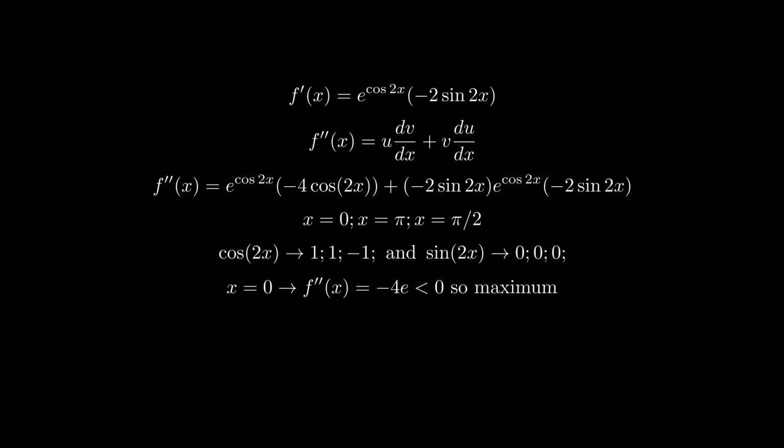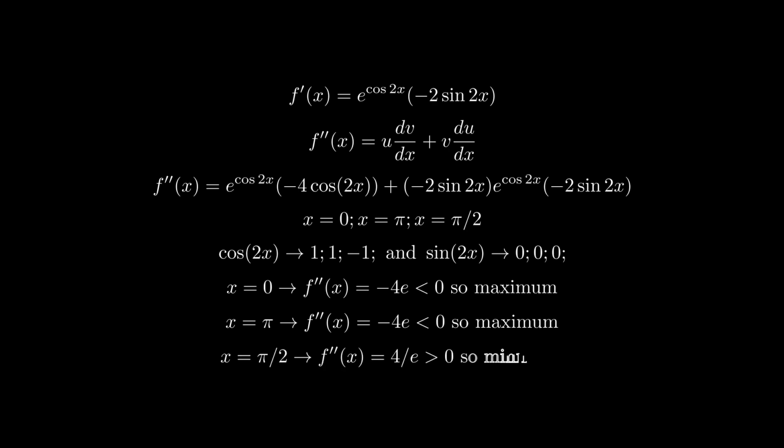This is less than 0, so that's a maximum. At x is equal to pi, again the second order derivative is equal to minus 4e, so again less than 0 and a maximum. And finally at x is equal to pi over 2, the second order derivative is equal to positive 4 divided by e. This is therefore greater than 0, so it's a minimum.